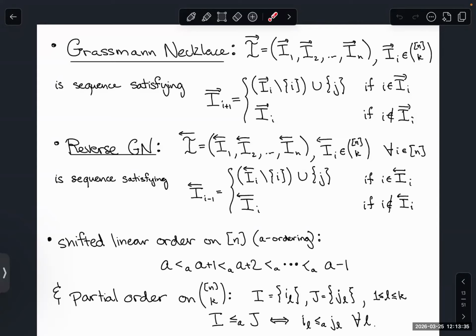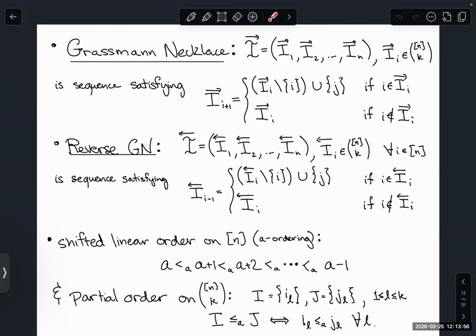If we have the index i in the ith term of a Grassmann necklace, then we trade it out for some new thing, j. And if i was never there, then we don't trade it out at all. That's the two rules giving our recurrences on these Grassmann necklace and reverse Grassmann necklace pieces.